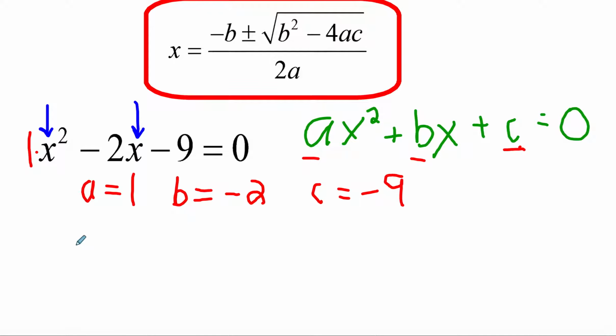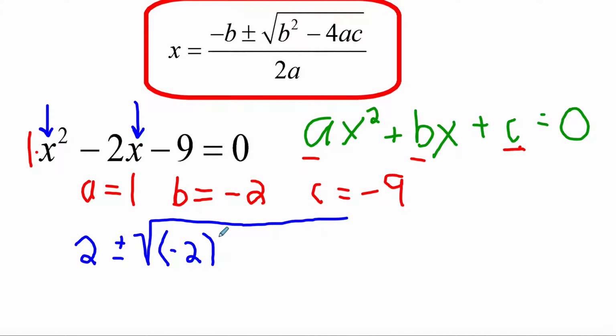So -2 is just +2 plus or minus the square root of b squared. That's -2 squared minus 4 times a, which is 1, times c, which is -9.